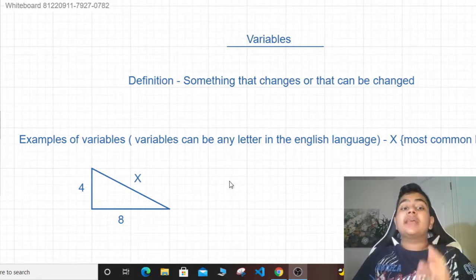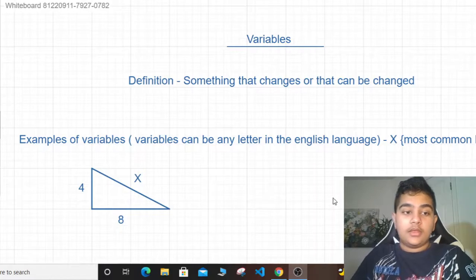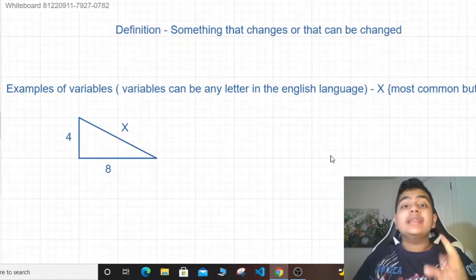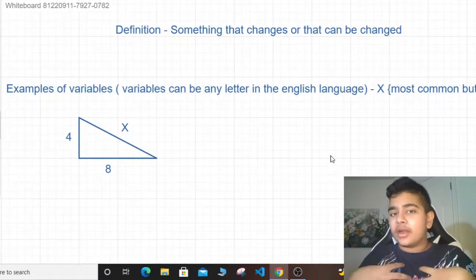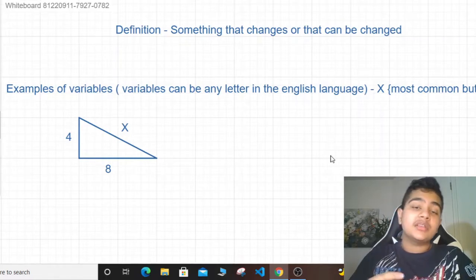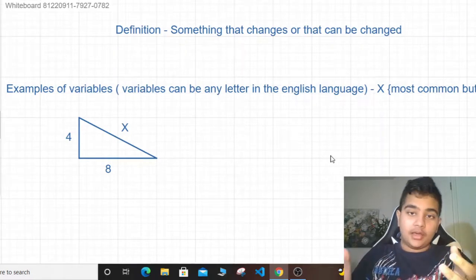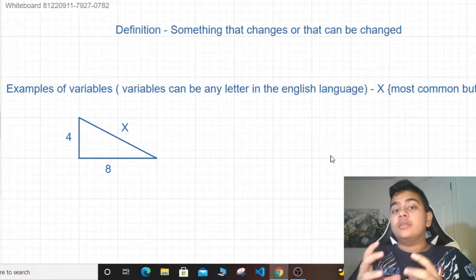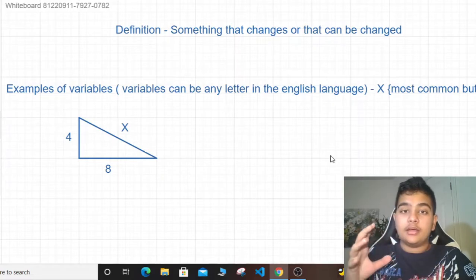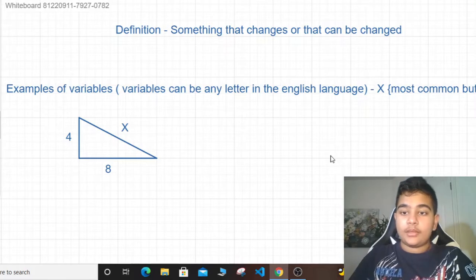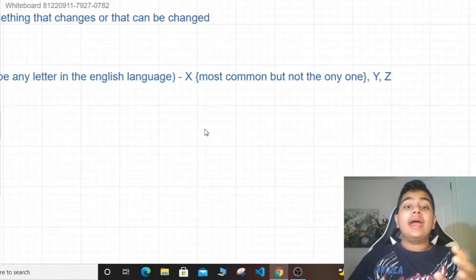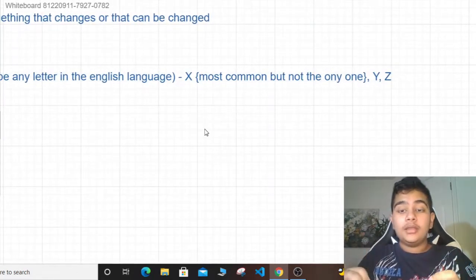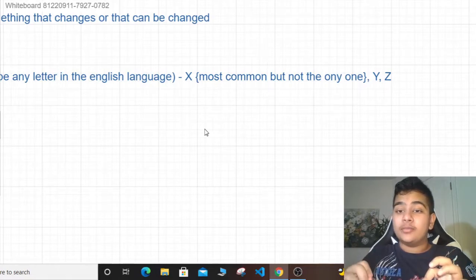So some examples of variables. Variables can be any letter in the English language. As far as I know, I don't know how other countries do it, but in America we only use the alphabet letters of the English language. X is the most common, but it's not the only variable.